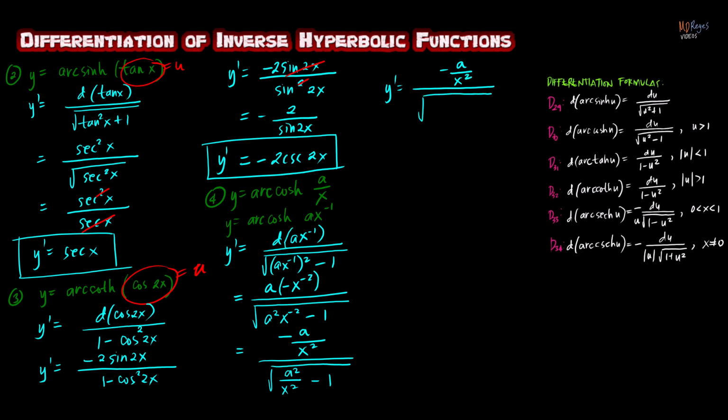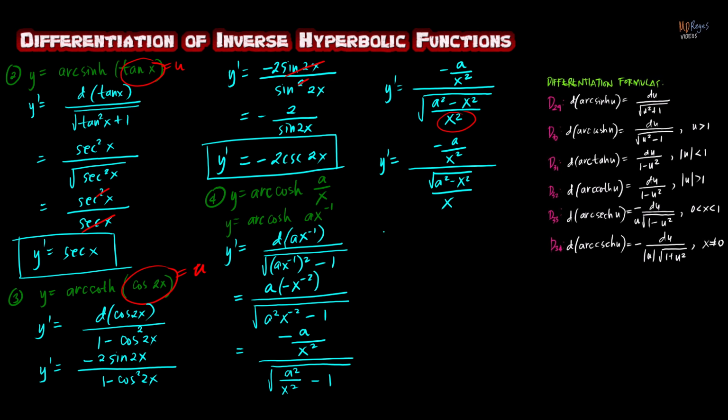In the denominator, we have the radical, and in the radicand we have the LCD x squared, so the numerator would be a squared minus x squared. Then the x squared can be taken out of the radical sign because the square root of x squared is just x. So y prime is equal to negative a over x squared over the square root of a squared minus x squared over x.